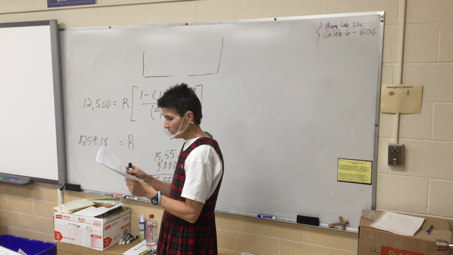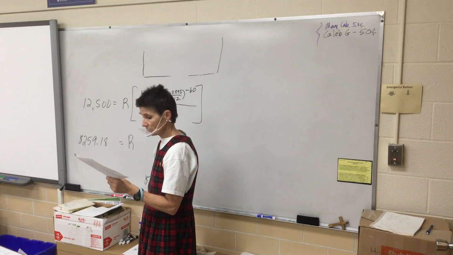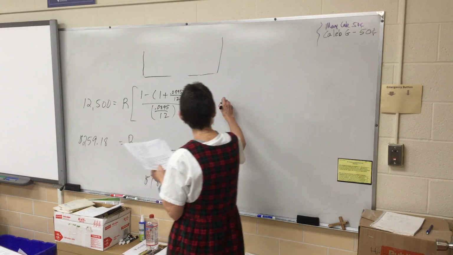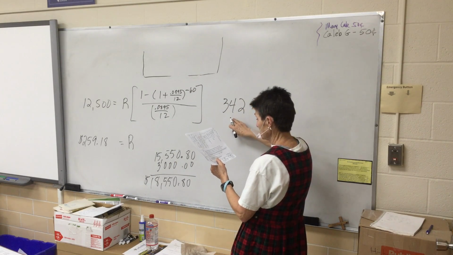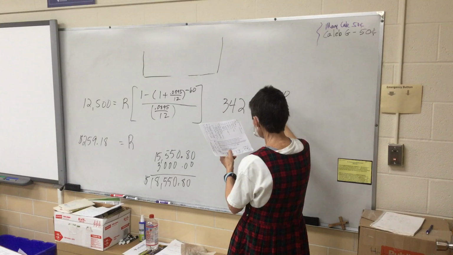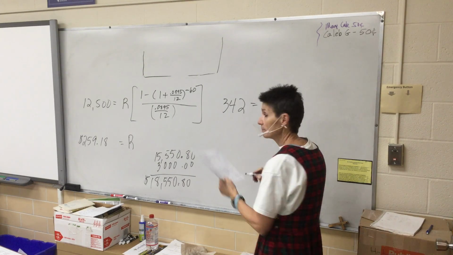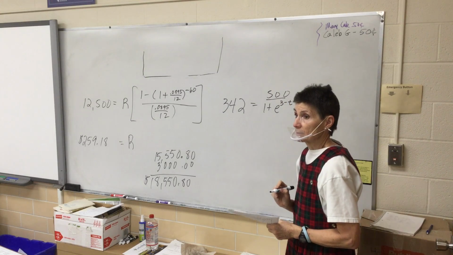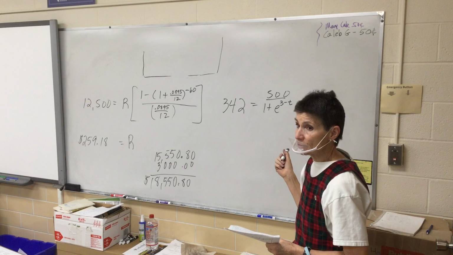What would we do with C? $342 is going to go in for the number of ants. So your equation is going to look like this. Right? Are we comfortable solving that, or do we need to solve that?